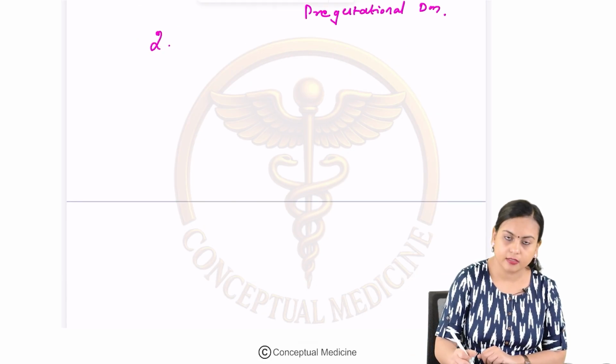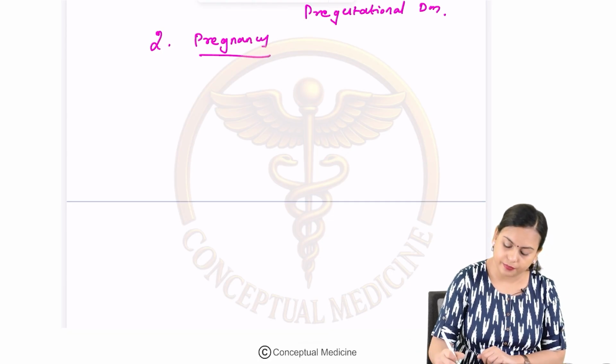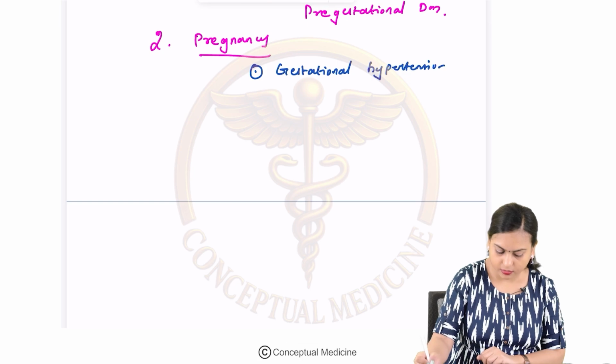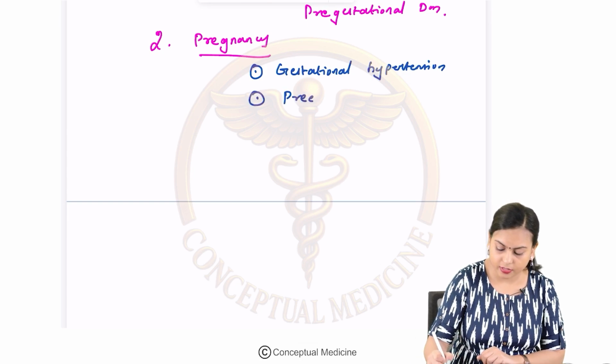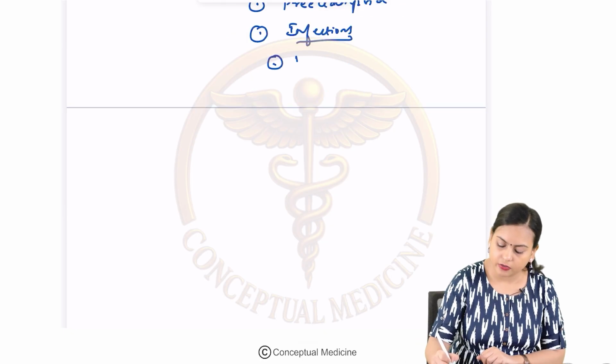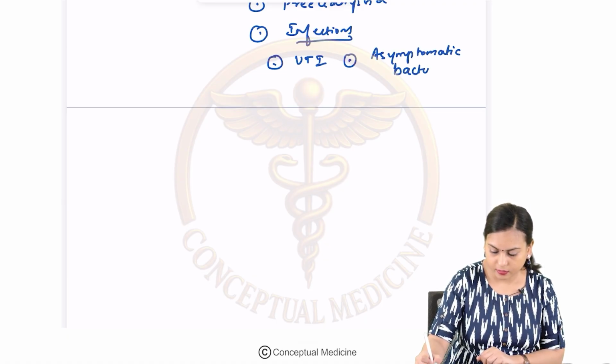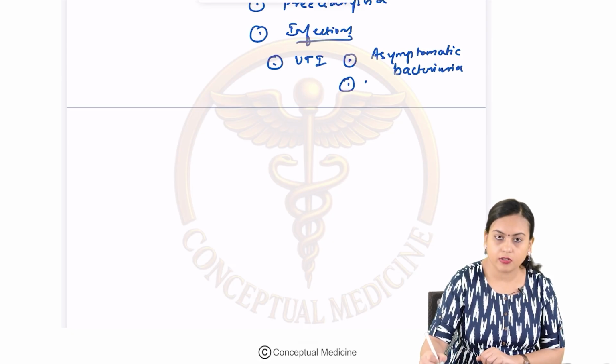And in pregnancy, she can develop gestational hypertension, or it can proceed further into preeclampsia, and infections including urinary tract infection or asymptomatic bacteriuria, or also vaginal candidiasis.